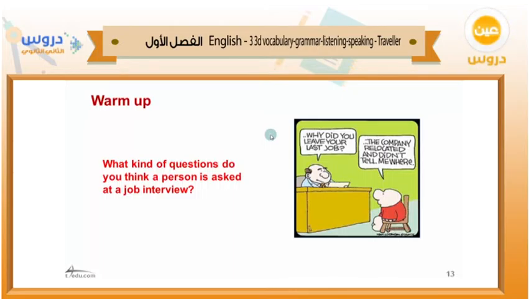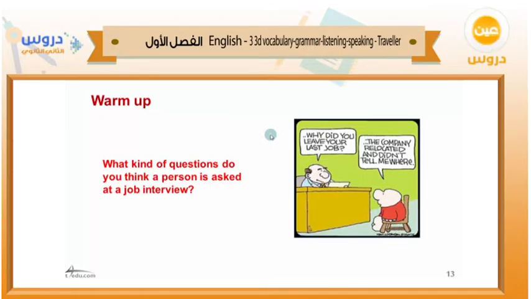There are always some common, famous job interview questions such as, tell us about yourself, your name, your family. Tell us about your hobbies. What do you like to do in your free time? Tell us about your city. How do you live? What do you do on weekends? So first they try to ask you some warm up questions.